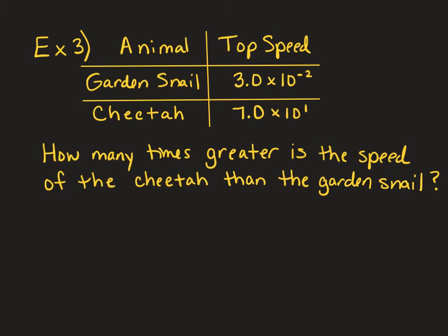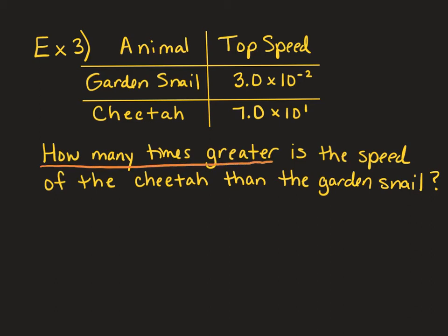Example 3. We have a garden snail and a cheetah, and we've got their top speed given. And our problem asks how many times greater is the speed of the cheetah than the garden snail. Now this phrase, how many times greater, we kind of talked about a little earlier.